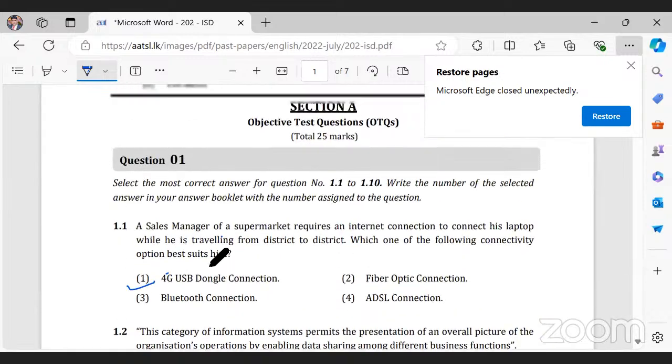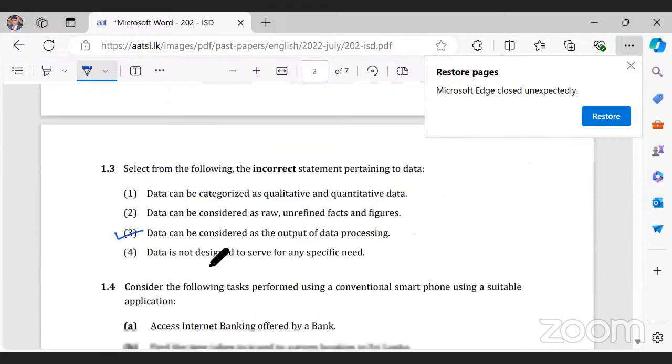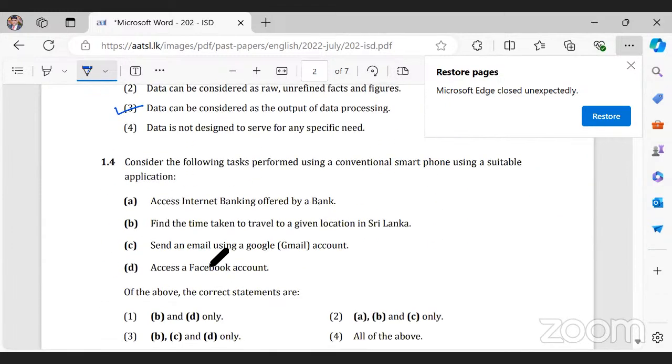Okay, we'll go to the next section. 1.4. Consider the following tasks performed using a conventional smart application. Access internet banking offered by a bank.